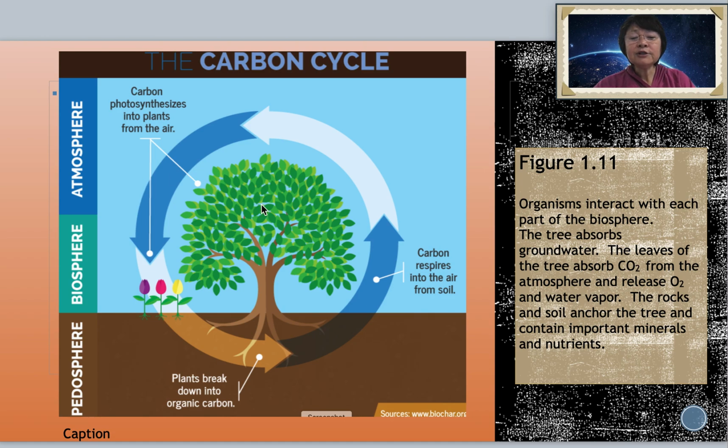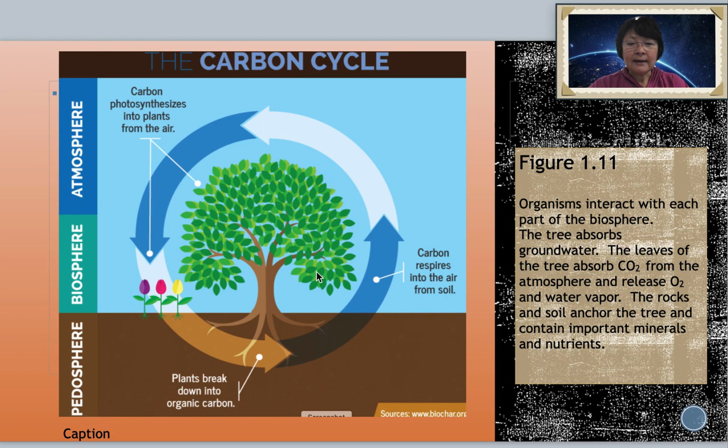So we take a look at this tree. It's a living organism. It takes in carbon dioxide and it releases oxygen. I think that's always phenomenal because that's what we breathe, oxygen. What we exhale as humans is carbon dioxide, and that's what the trees breathe in. So that's an interaction between the atmosphere and the biosphere.